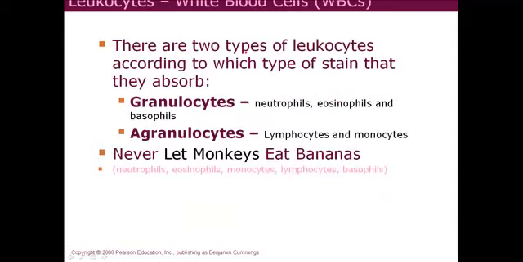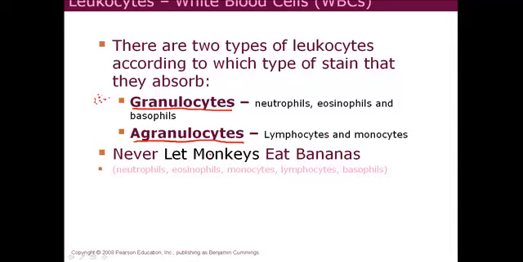Okay, there are 2 types of leukocytes according to which type of stain they absorb. So we have granulocytes and agranulocytes. When they stain, these have granules in them, and you can see them. So it's just a way to distinguish one group from another. The granulocytes are the neutrophils, eosinophils, and basophils, and the agranulocytes are the lymphocytes and the monocytes.